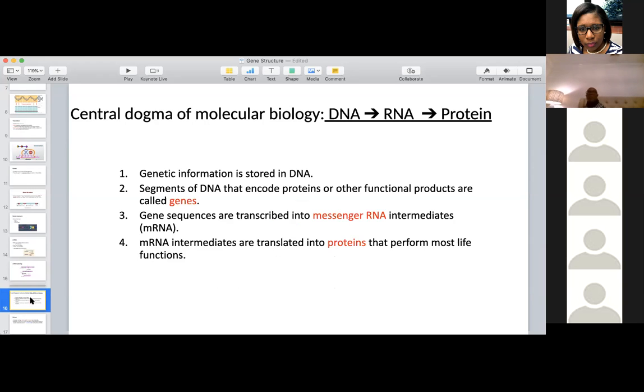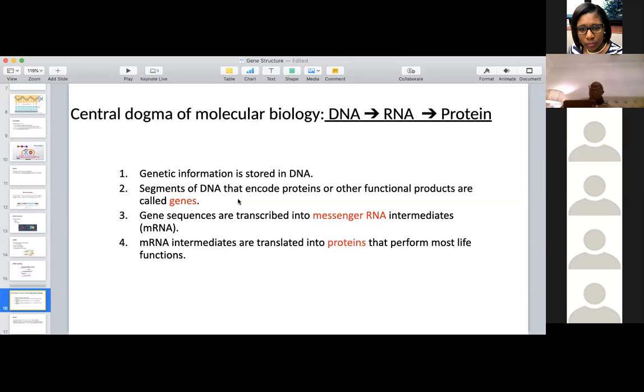So let's recap here. We're saying the central dogma of molecular biology tells us that information flows from DNA, okay, the information that our DNA contains, we use it to create messenger RNA, okay? This RNA serves as kind of an intermediate molecule that's necessary before we can actually produce our protein, okay? So this is how it flows. Genetic information is stored in our DNA, okay?